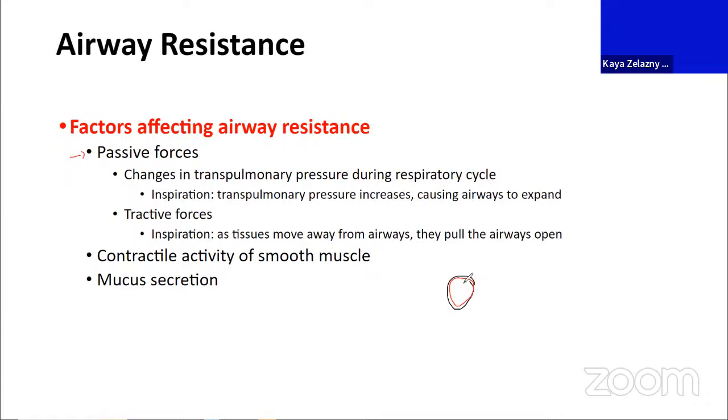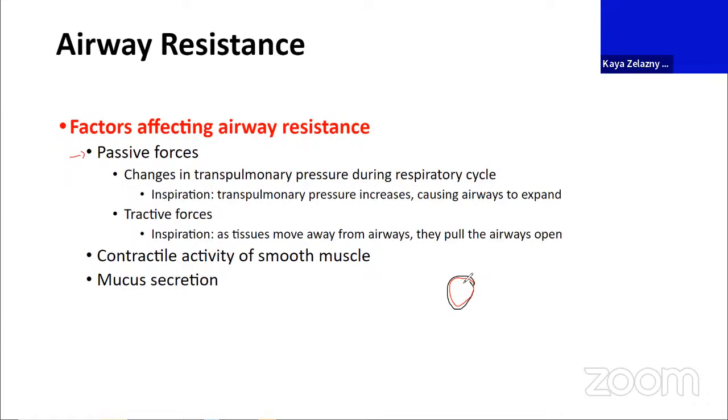It's going to be just like when we talked about arterioles and how they can change their resistance by clamping down, vasoconstricting that smooth muscle, or expanding, vasodilating that smooth muscle. Same thing's going to happen in our airways. If that smooth muscle clamps down, we get a small radius, higher resistance. If that smooth muscle relaxes, we're going to have bronchodilation, bigger airway, less resistance.